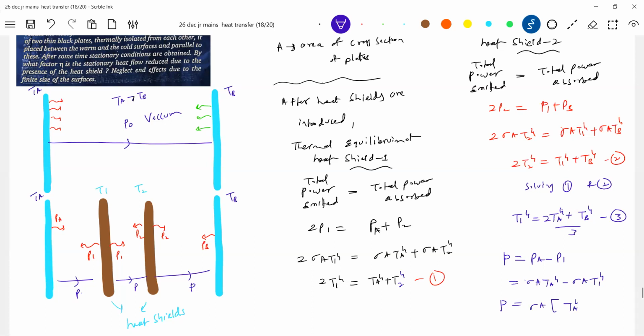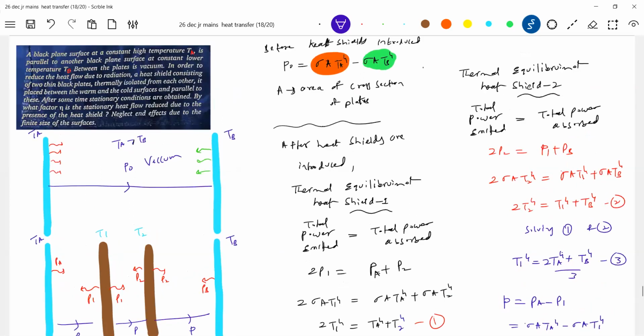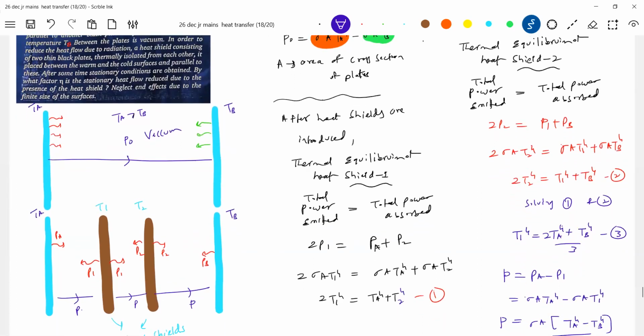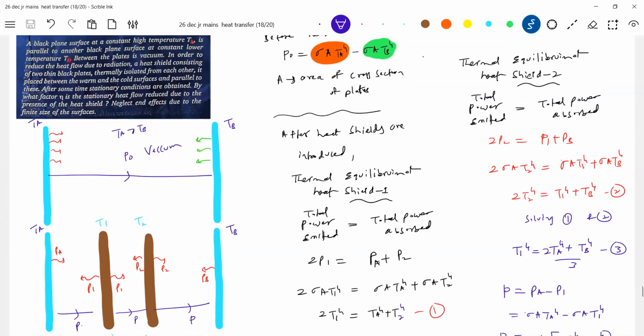I do remember it's a very famous problem, no? What was P naught earlier? Sigma A TA to the power of 4 minus sigma A TB to the power of 4. Let me compare P and P naught. What can be replaced here?